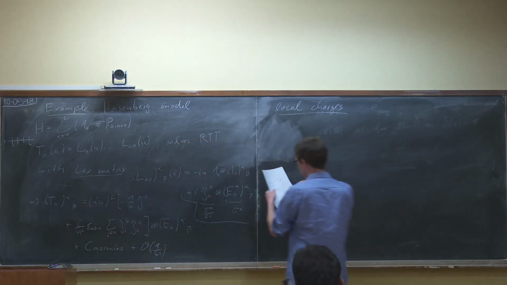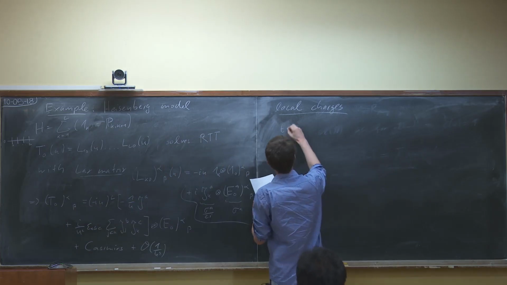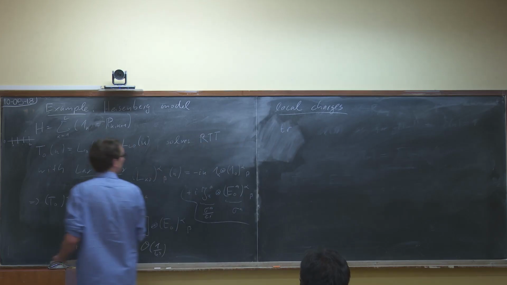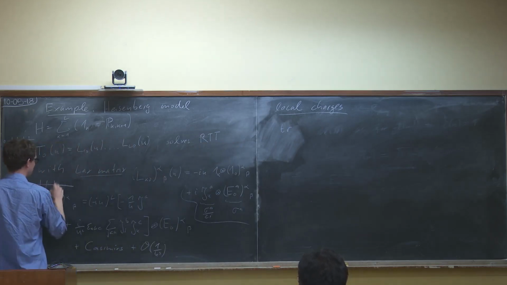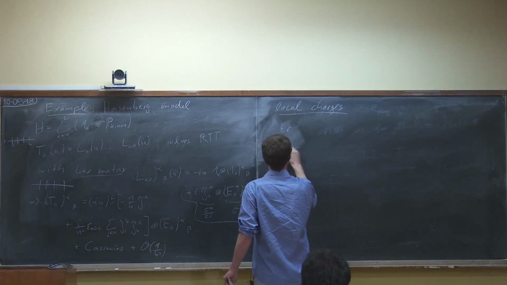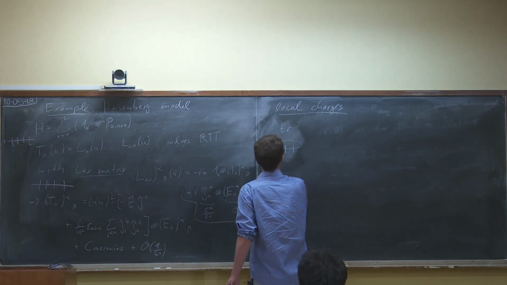What I can also do is to take the trace of the monodromy, trace in this auxiliary space. So here I had looked at this, and here I look at this, and now I really take the trace here.